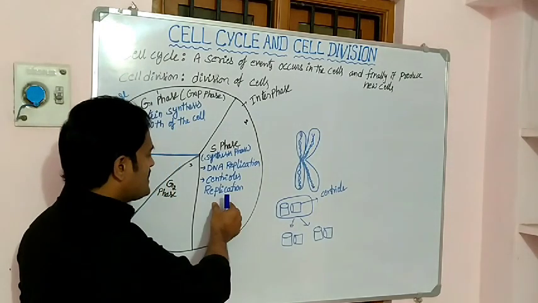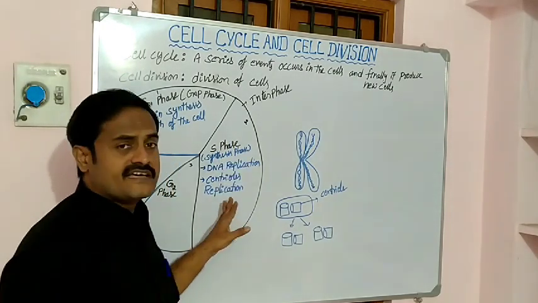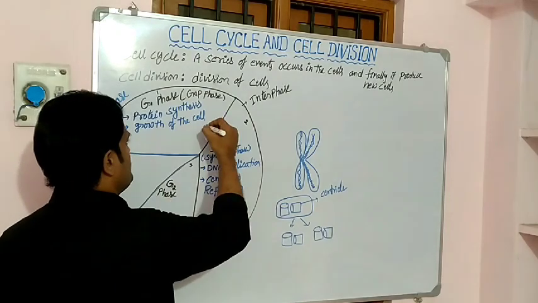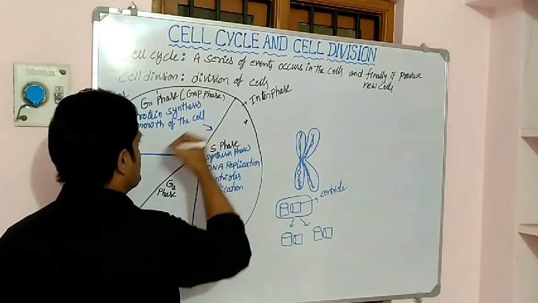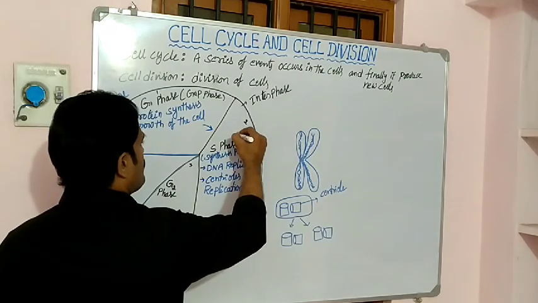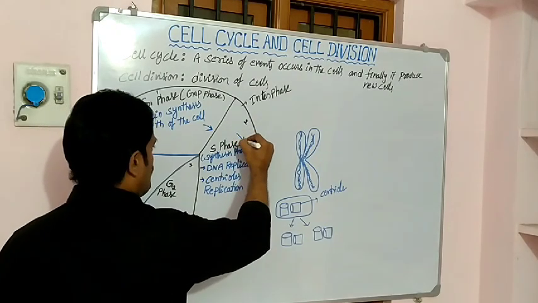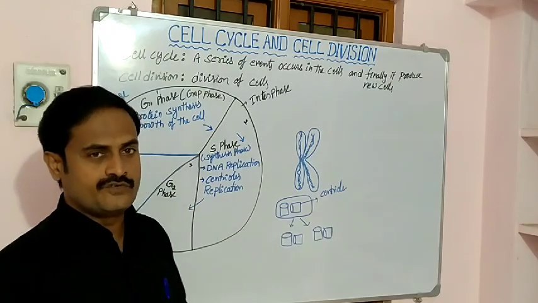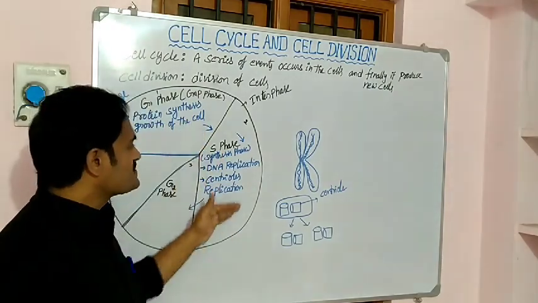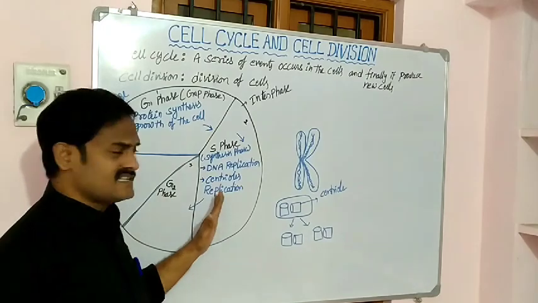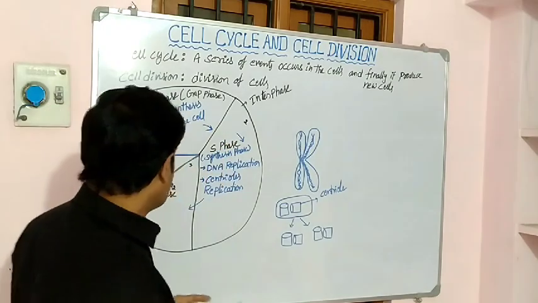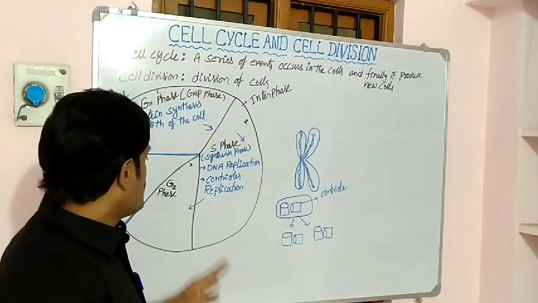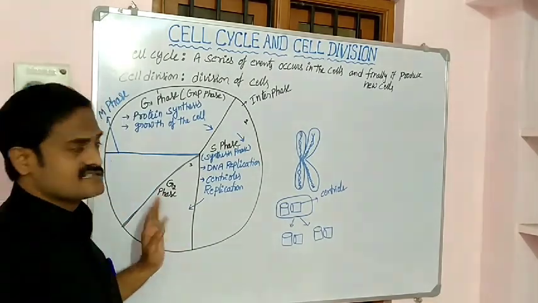Now the same cell, after completion of the S phase, reaches the G2 phase. See, it first enters the G1 phase, from G1 phase to S phase, then S phase to G2 phase. So these are a series of reactions, a series of events which occur in the cell. Okay, when the cell enters the G2 phase, what kind of functions occur here?